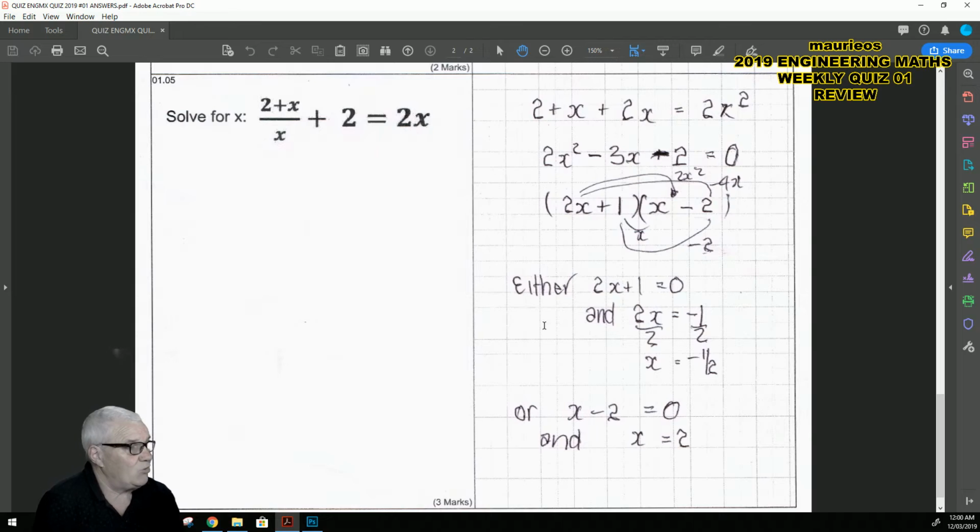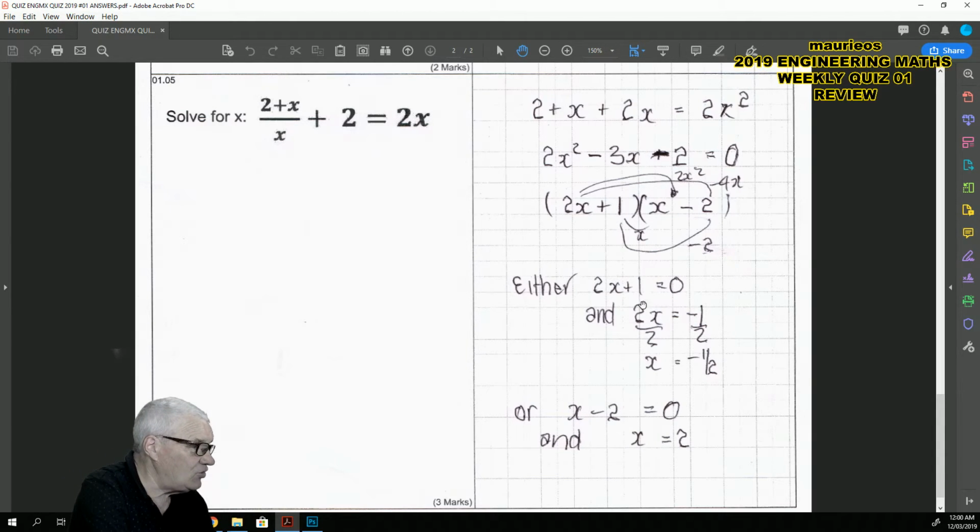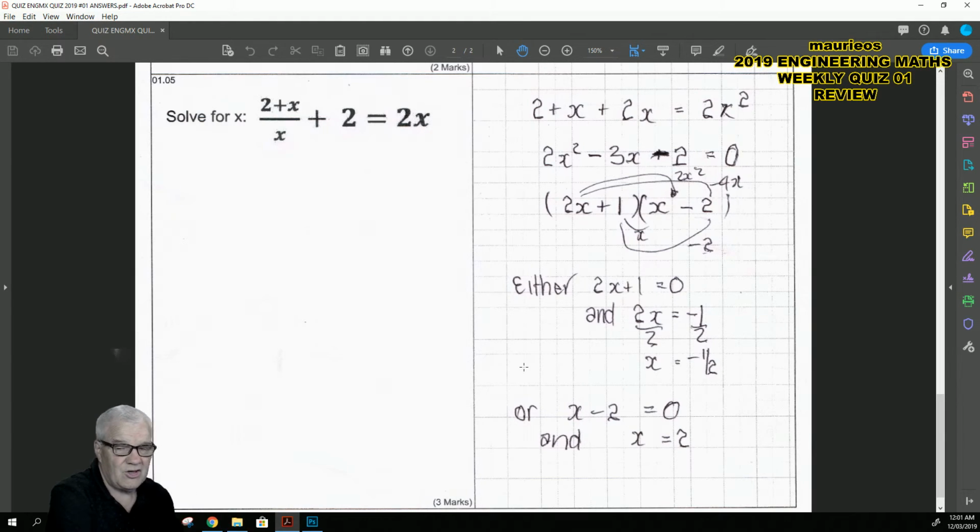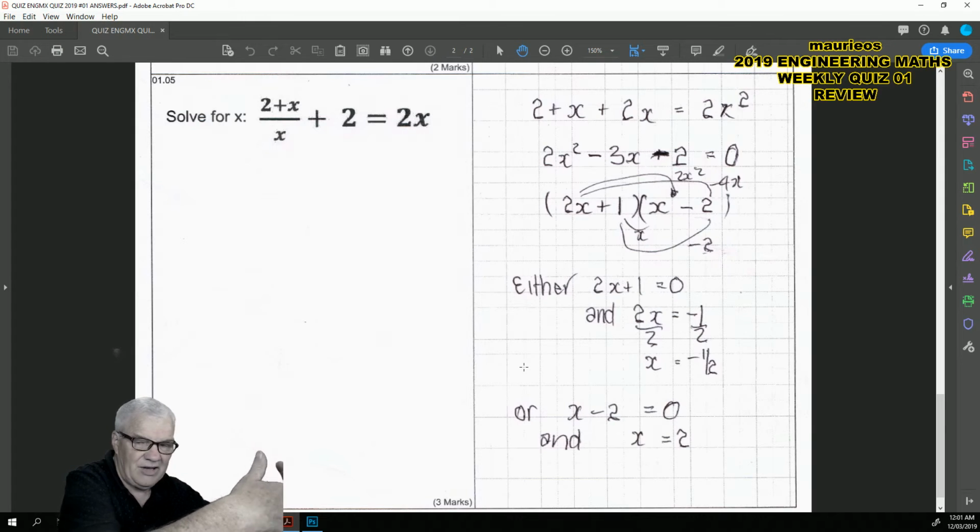So if 2x plus 1 equals 0, then 2x will equal negative 1, and x will equal negative a half. These are little techniques we did previously to simplify and solve for x. You can see how you've got foundation things that you can do, and we break the problem down into simpler ones.